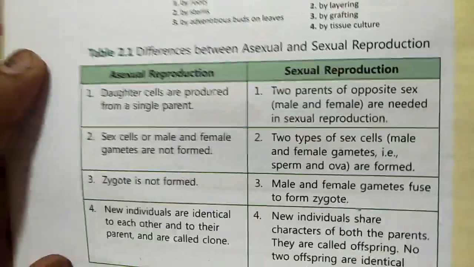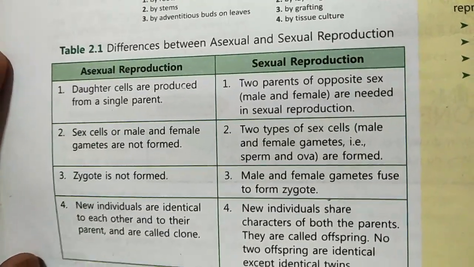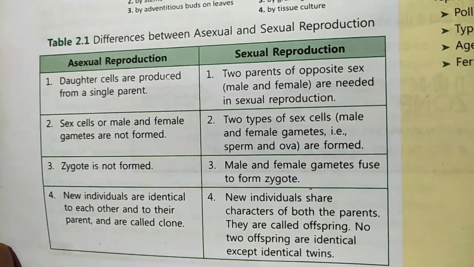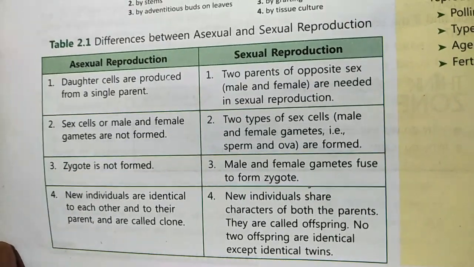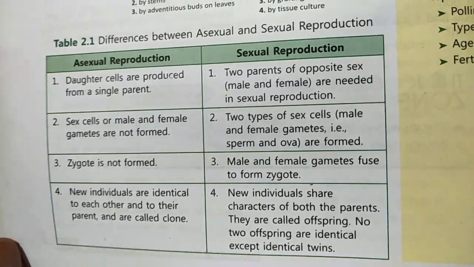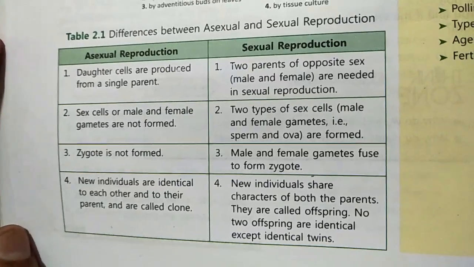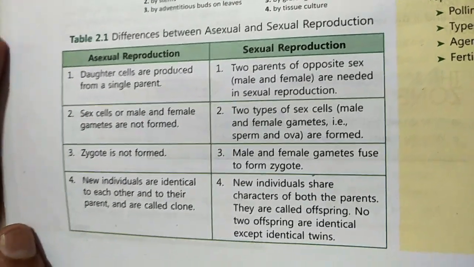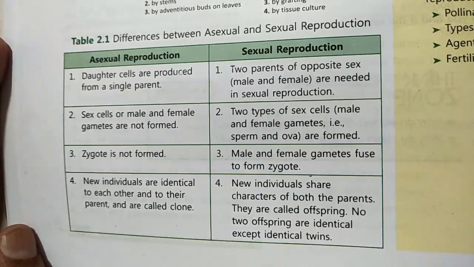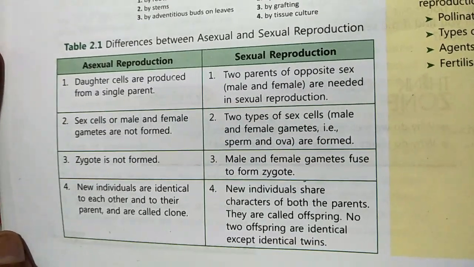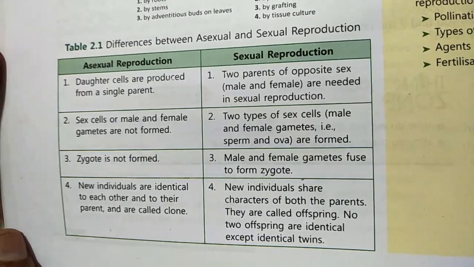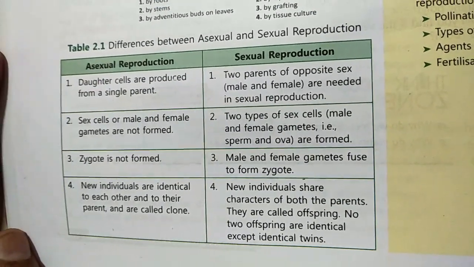Let's see the difference. The table is telling us about asexual and sexual reproduction, and the first difference is in asexual reproduction, daughter cells are produced from a single parent. That means we don't need a male and female parent. A single plant will produce another plant.